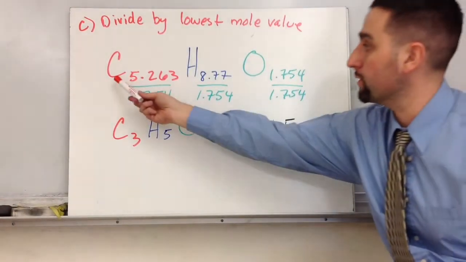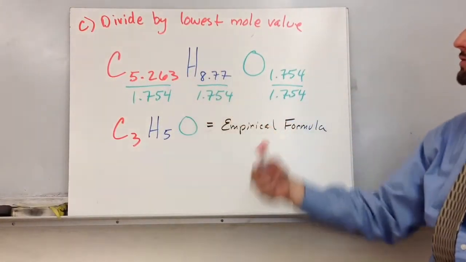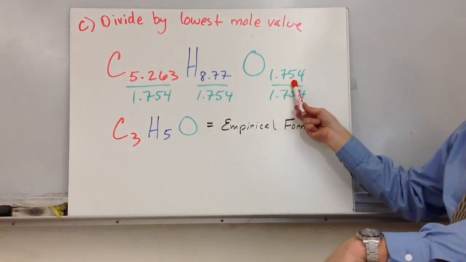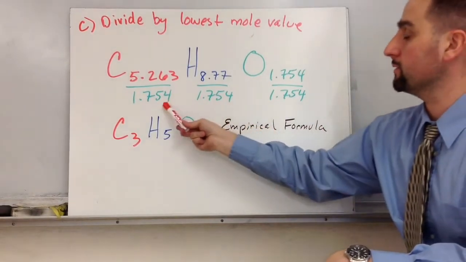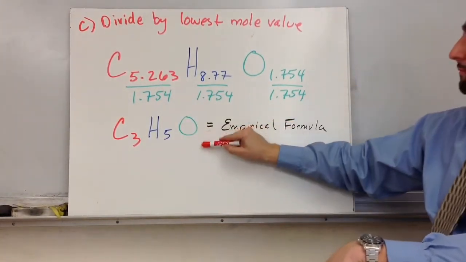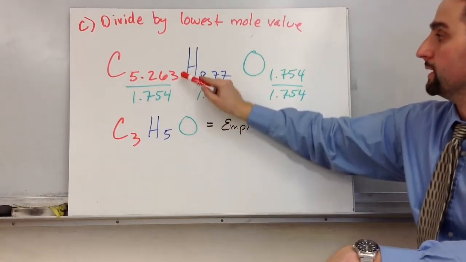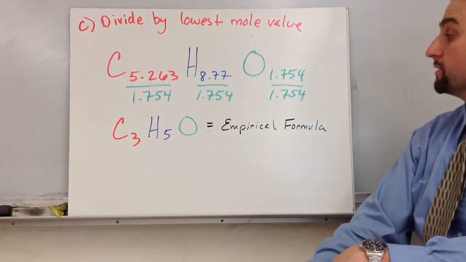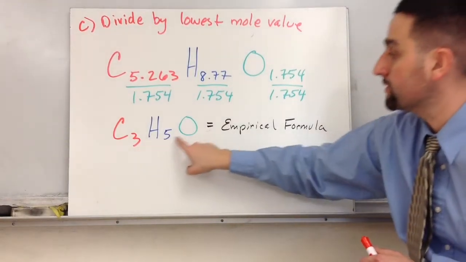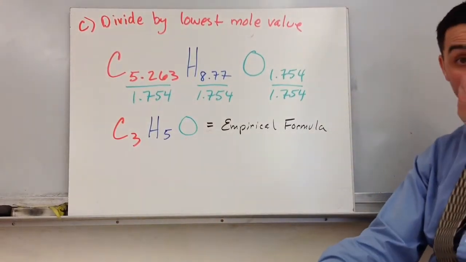I've color-coded the elements here: carbon's in red, hydrogen's in blue, and oxygen in green. So I take oxygen's value, I divide it into all the other values for moles. This becomes 1, this becomes 5, and this quotient becomes 3. So now we have an empirical formula, lowest reduced terms. But that's not what the question was asking.